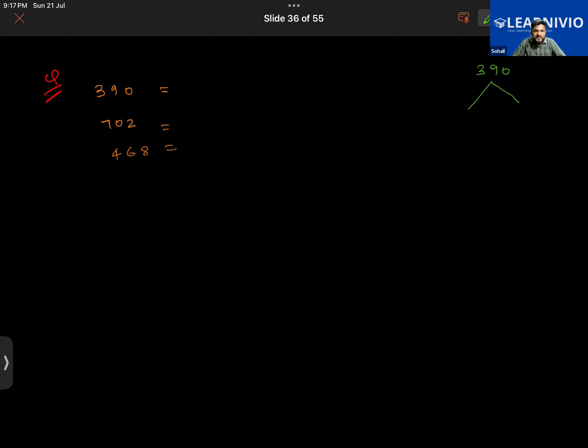What is half of 390? First of all, look for which number it can be divided by. It can be broken as the product of which 2 factors.